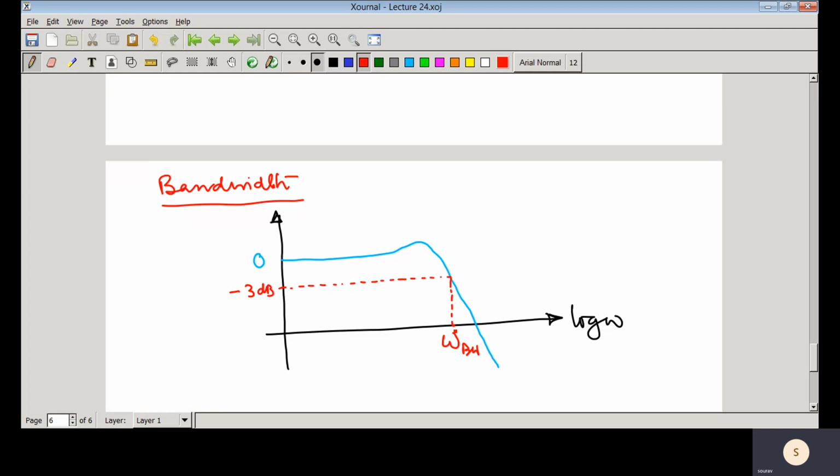In this frequency range, the magnitude we have at 0 frequency falls below the -3 dB line after that frequency.